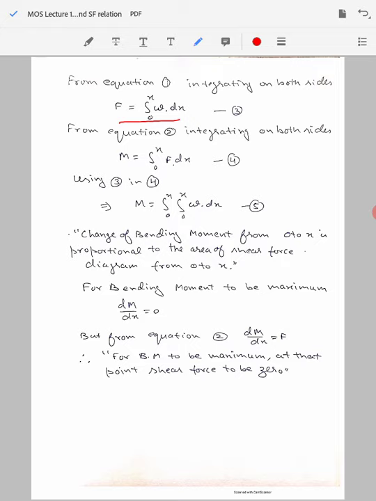And from equation 2, which is dM by dx equal to F, if we integrate on both sides, it will give us M equal to the integral from 0 to x of F dx, which can also be expressed using equation 3 as here. So this equation 4 tells us that if you want to calculate the value of bending moment, you need to calculate the area under the shear force diagram up to that particular point x.